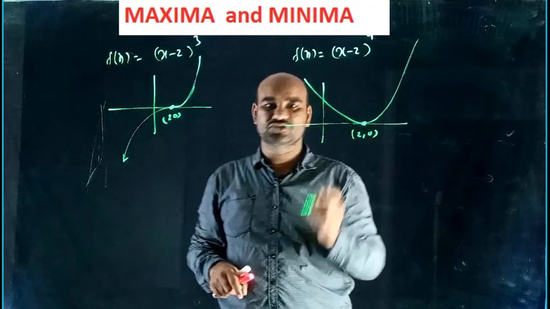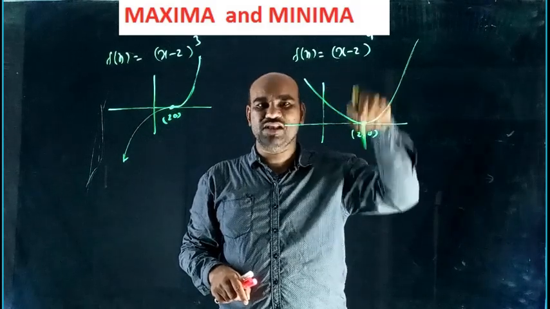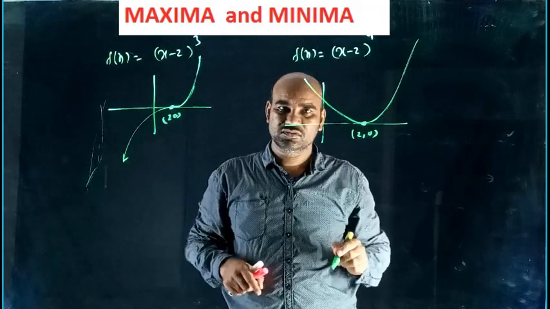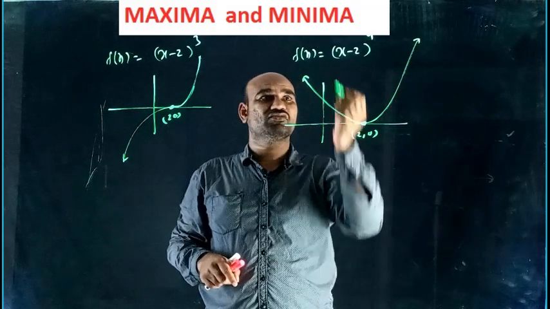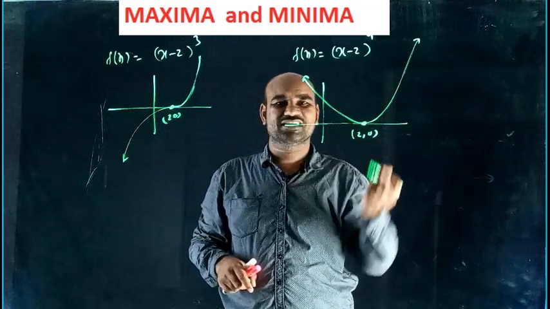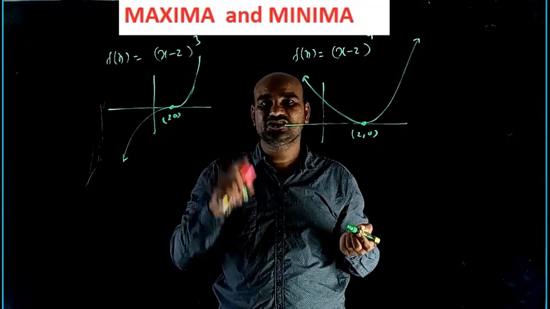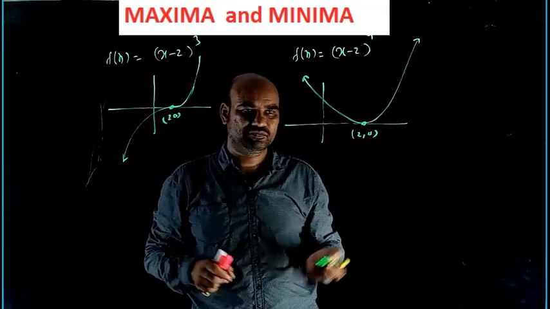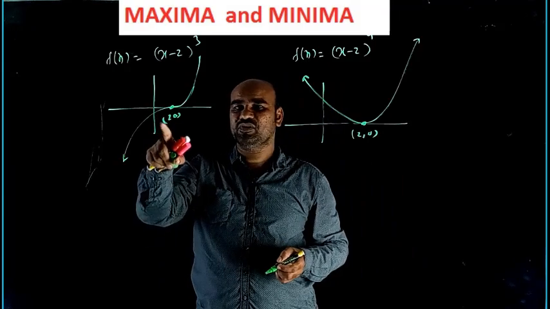Point of minima is 2, minimum value is 0. We can't find maxima. This expression intersects the x-axis at 2, meaning the expression has 4 repeated zeros: 2, 2, 2, 2. So 2 is the point of minima, with no point of maxima.